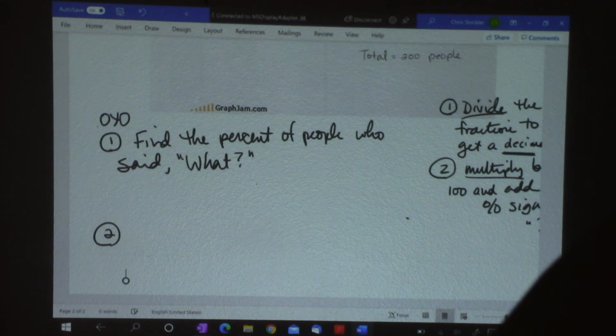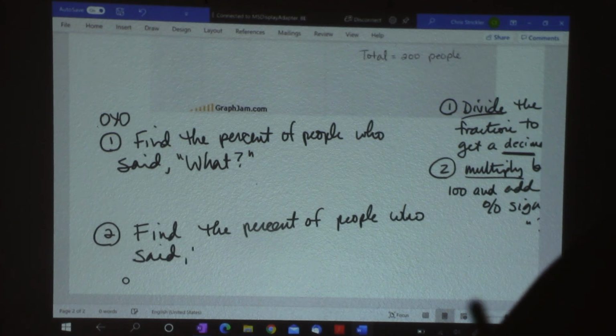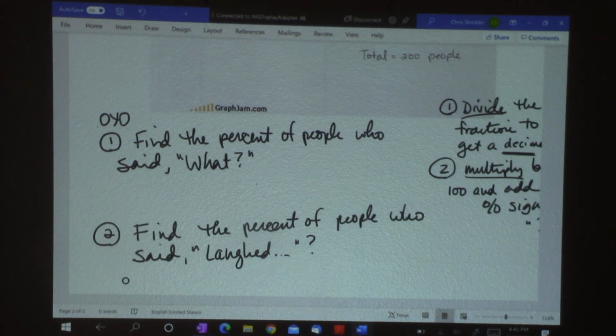And number 2, find the percent of people who said they actually laughed, right? Okay, so I'll pause for a minute. You guys go ahead and do those 2 OYOs, and I'll come back in just a minute.